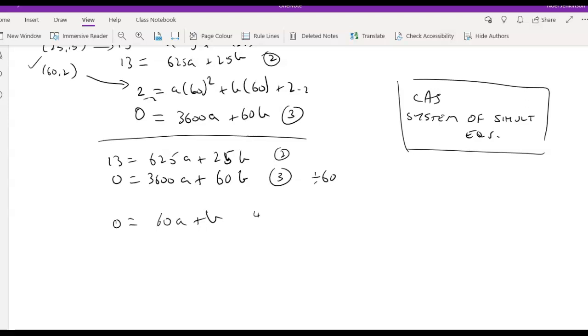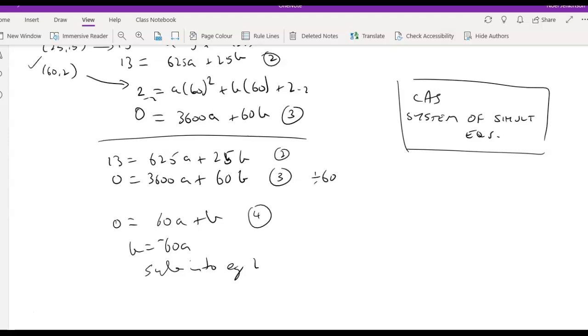Call that the new equation 4. Probably going to do b equals negative 60a, and then sub into equation 2 like that. That would be one way of solving it.